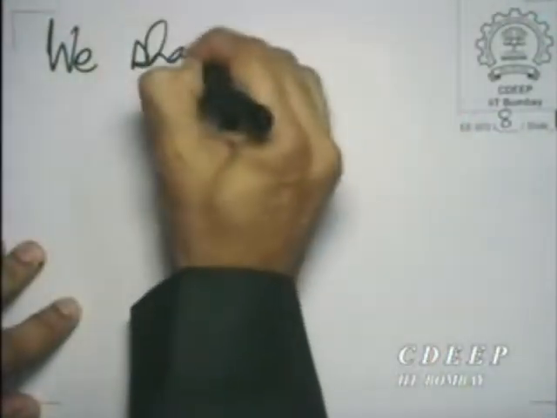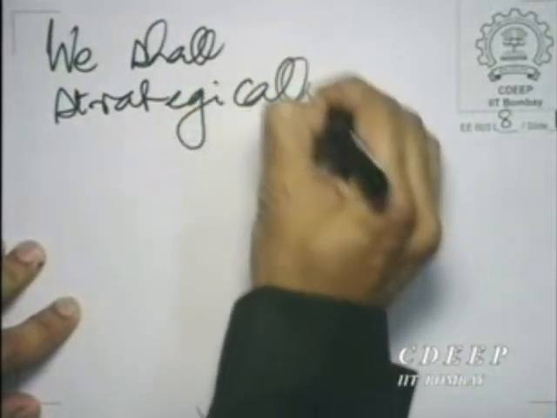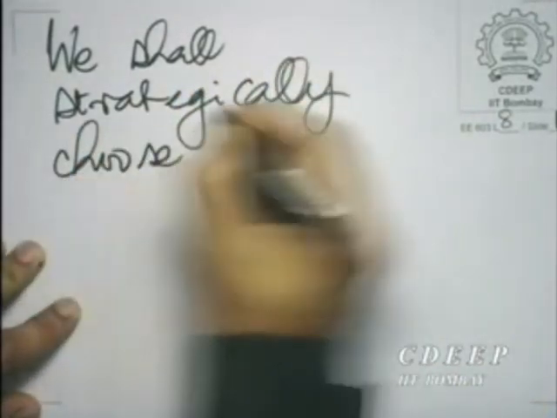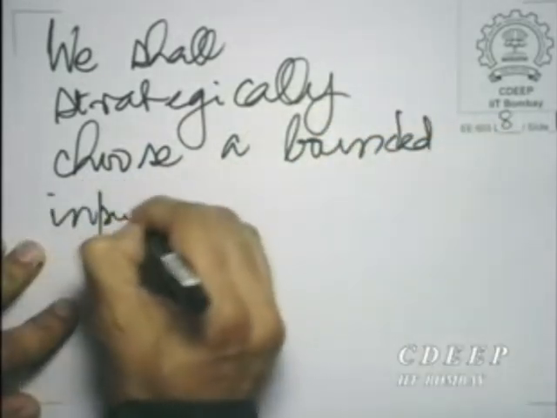And you see, assume that you are able to give this troublesome bounded input to the system. If the system is stable, the output needs to be bounded. And if the output is bounded, every sample is finite in magnitude. And therefore, in particular, when you put n equal to 0, y[0] must also be finite, right? So we shall strategically choose a bounded input x[n].